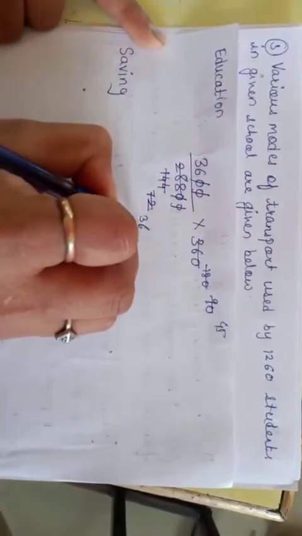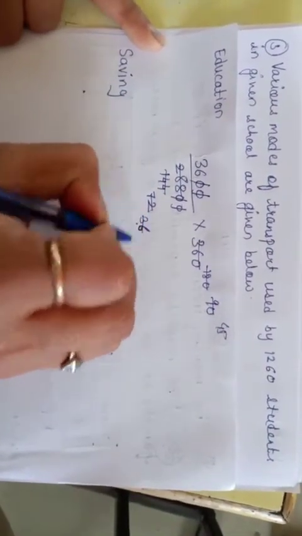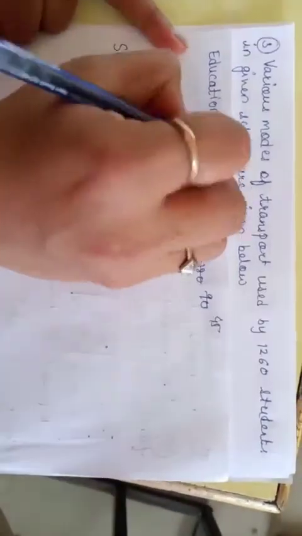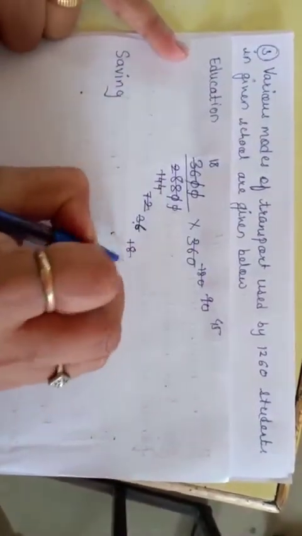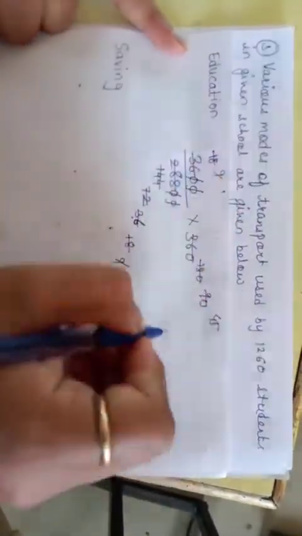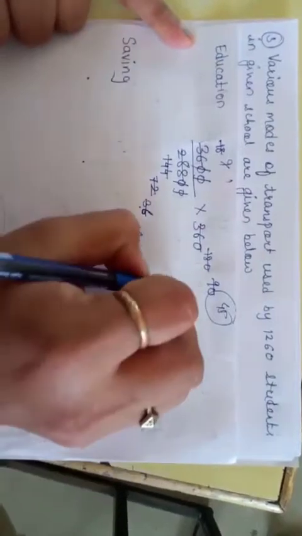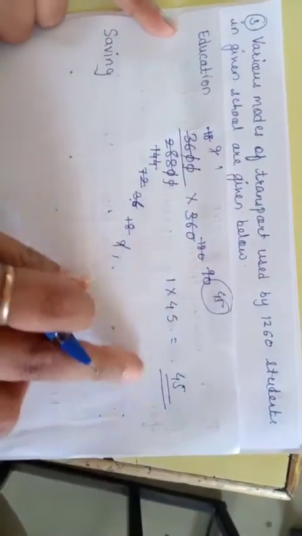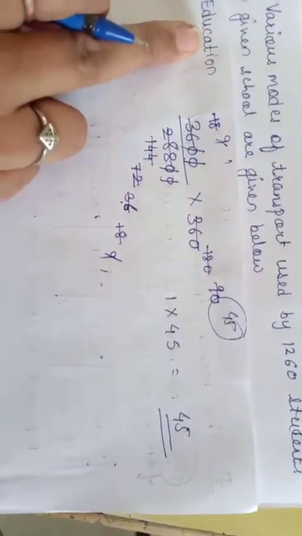Now we will be doing it by 2. Here we get 18, then here we get 18 as well. Now here 9, here also 9. 1 and 1. So our answer is 1 into 45 is 45. So we get 45, the value of education.